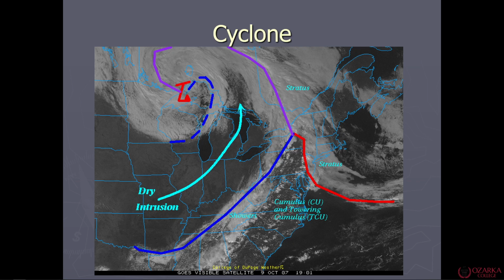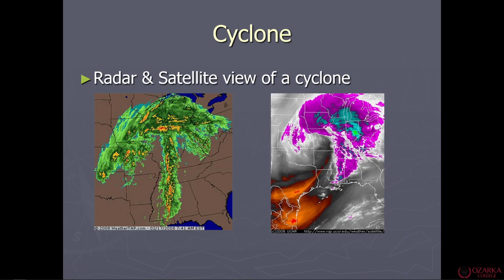So you see the dry intrusion there, all the way from middle Missouri up into the upper peninsula of Michigan and into Canada. You see all the stratus-type clouds, and then you see the showers along the cold front down through Tennessee and the lower parts of Arkansas, and then Mississippi. And then you see the occlusion up top indicated in the purple.